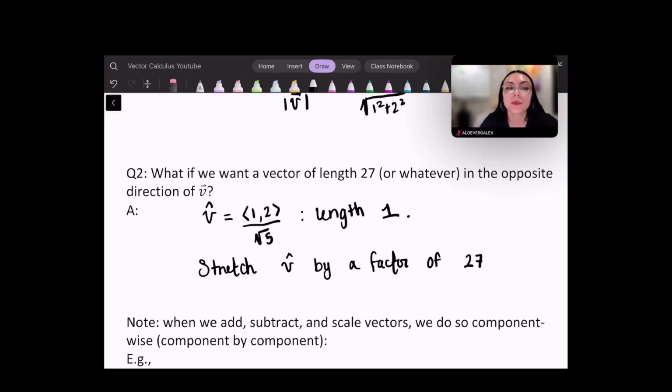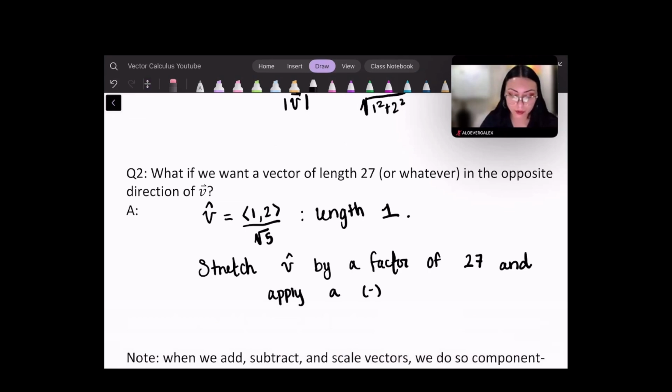That takes care of the vector of length 27, but we also have to make sure that it's in the opposite direction of v, so we apply a negative sign to switch the direction. So what would that look like? So our new vector, let's call it w, would be 27 times v hat, and that minus sign to make sure that we are switching the directions.